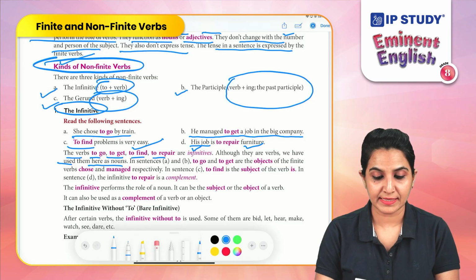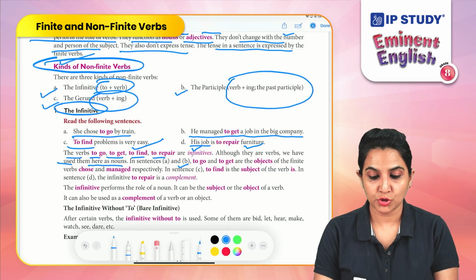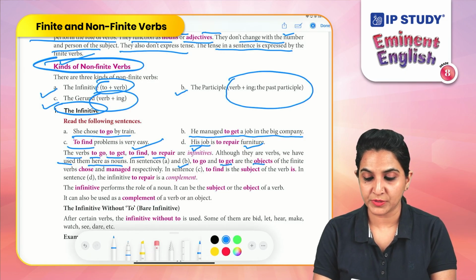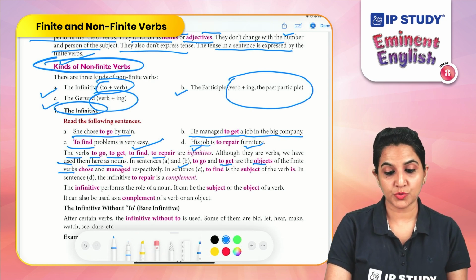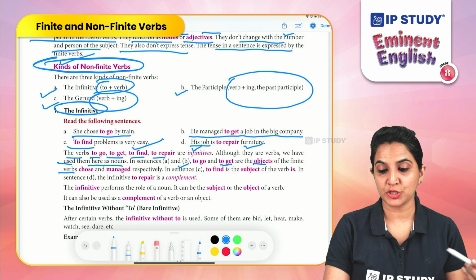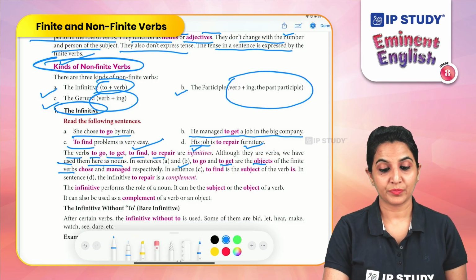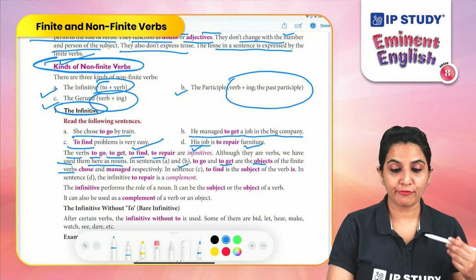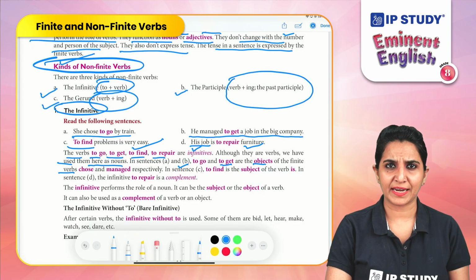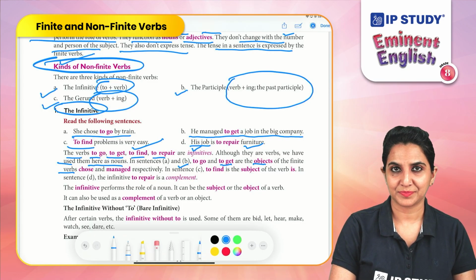In sentences A and B, to go and to get are the objects of the finite verbs. For example, she chose to go by train. He managed to get a job in the company. Here, to go and to get are the non-finite verbs. Which are the finite verbs in these sentences?